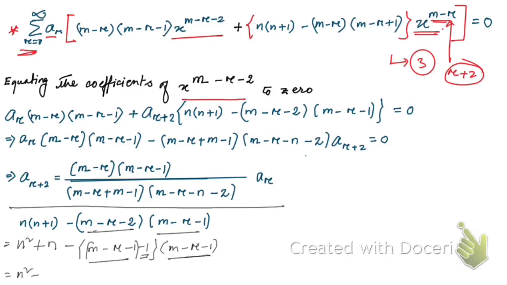So n square minus n, then negative sign, m minus r minus 1, because this one into this one, we're going to have a square here, right? Hope you have understood this. Just give me a second. So here we have a square, then this is minus 1, and here we have minus, so it's going to be positive, into this m minus r minus 1, right?